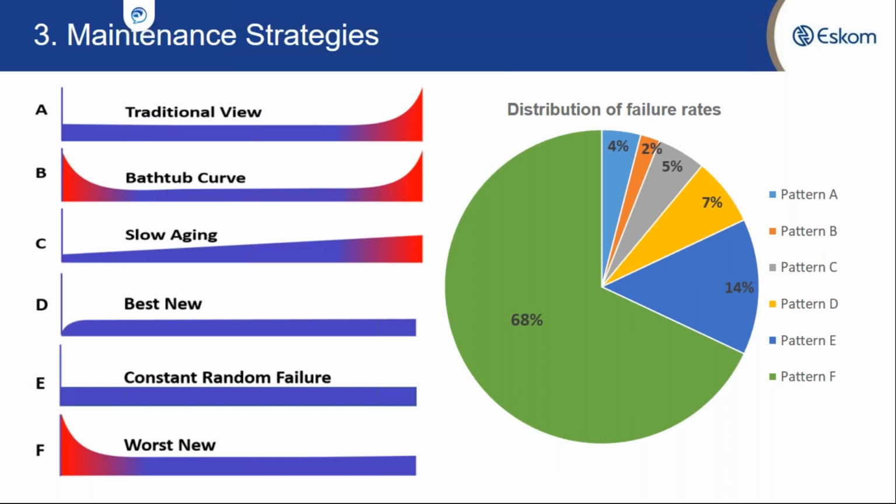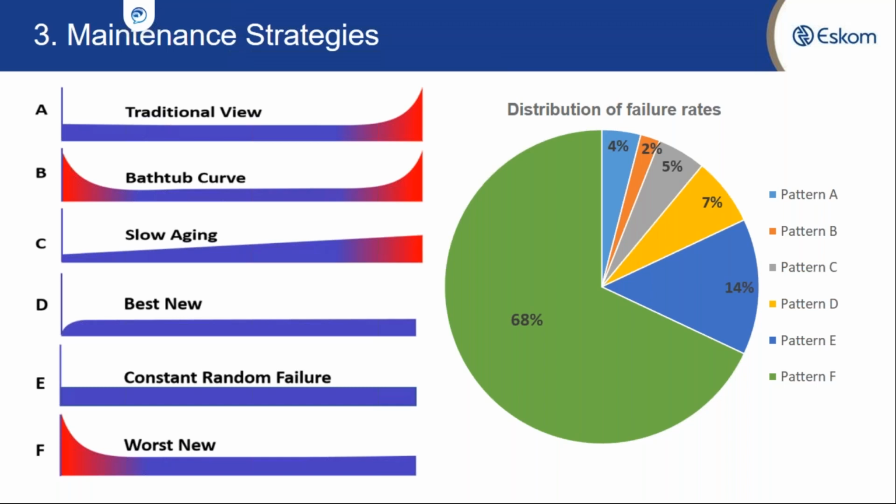In their analysis, as they were looking at the probability of failure of these various components, they came up with these 6 patterns of failure. So these 6 patterns of failure were uncovered as a result of looking at that data.